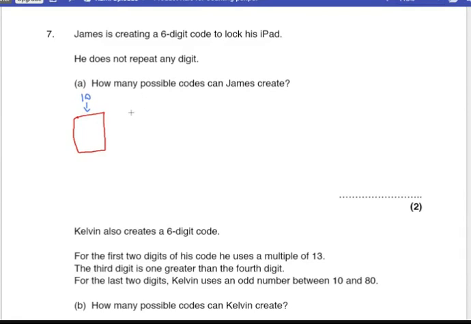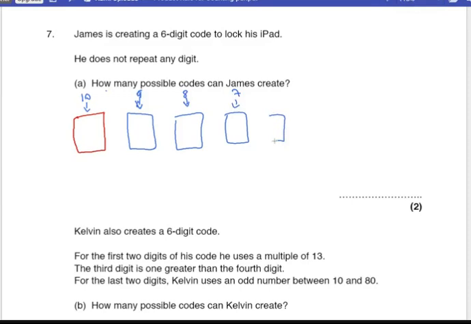And then in the next one, 9. And then the next one, 8. Yep. And then the next one, 7. Yep. 6.